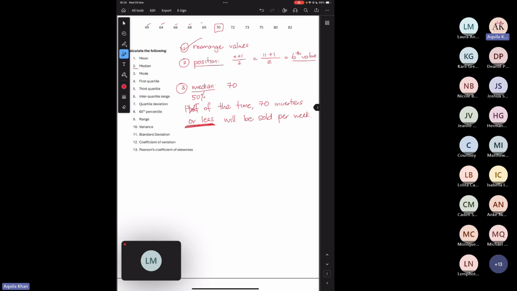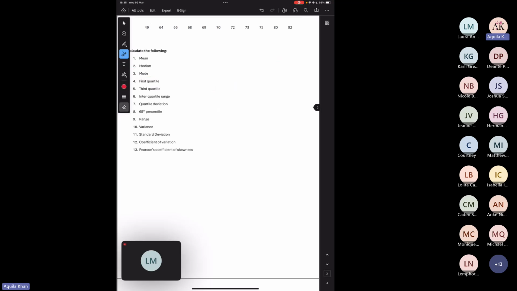All right, then the next one is your mode. When it comes to the mode in general, you're always looking for the data value that is repeated the most often, or the most frequently occurring data value. Now, in this example, if you look at the values at the top, there is no number that is repeated.